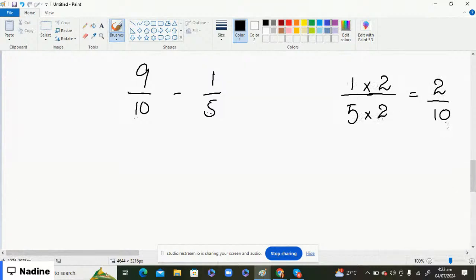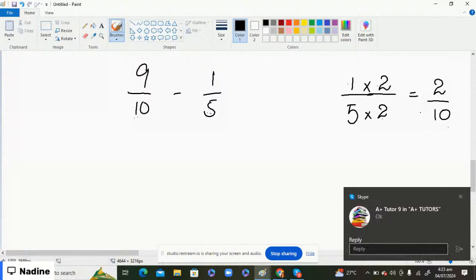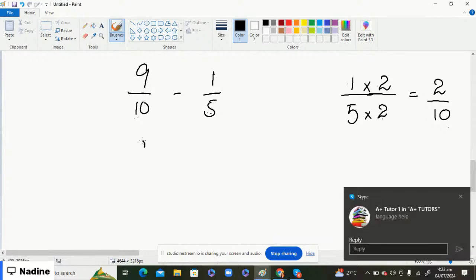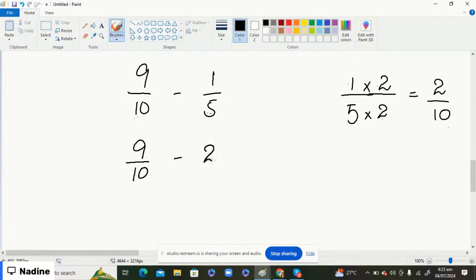So now in place of this one, we're going to put 2 by 10. Okay, so 9 by 10 minus 2 by 10.